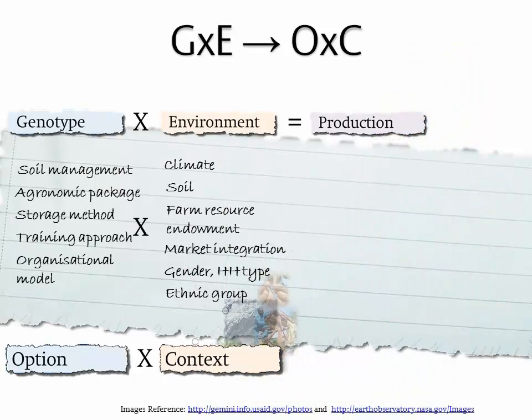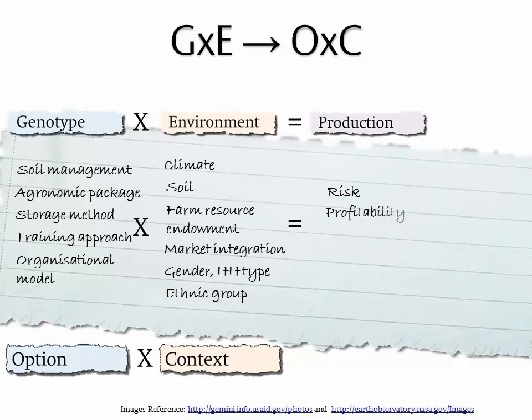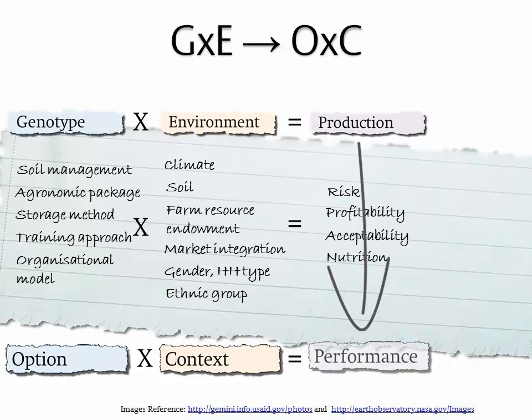And finally, we can think more broadly than just about production. Farmers and people looking at farm systems aren't just interested in production, they're interested in other variables like risk, like profitability, or some general notion of what is acceptable. And they might be interested in outcomes beyond the farm, such as impacts on nutrition. So we describe these as performance.